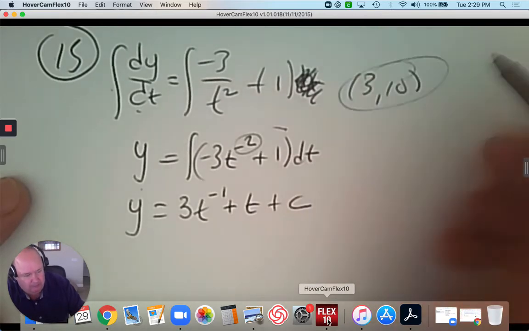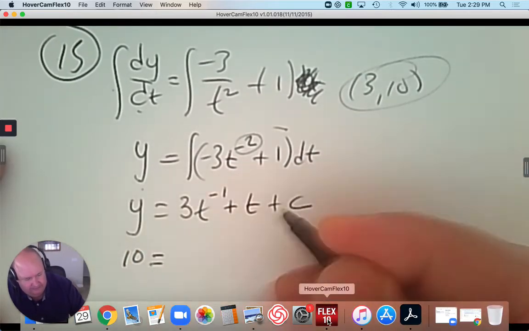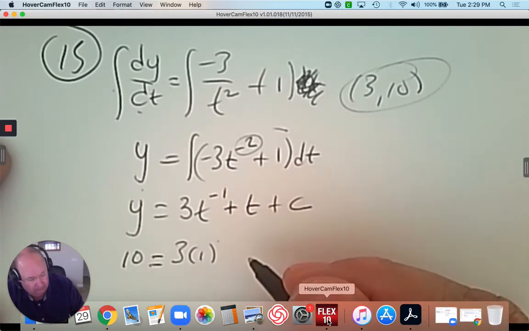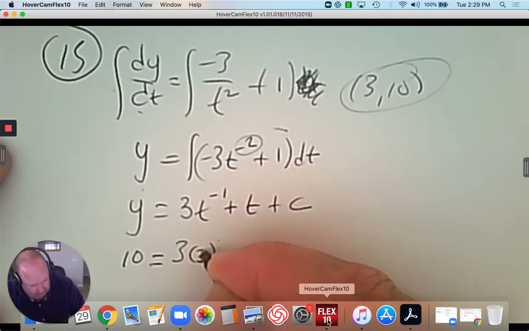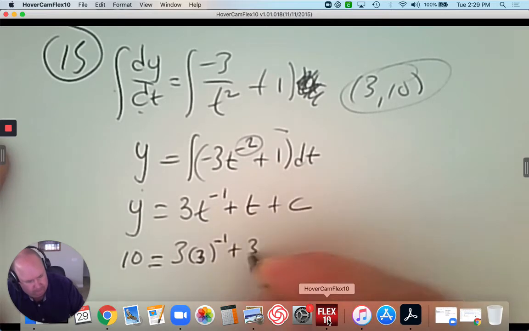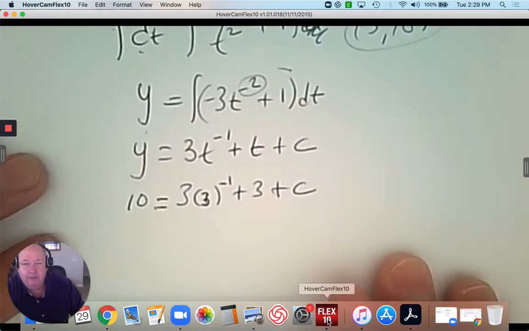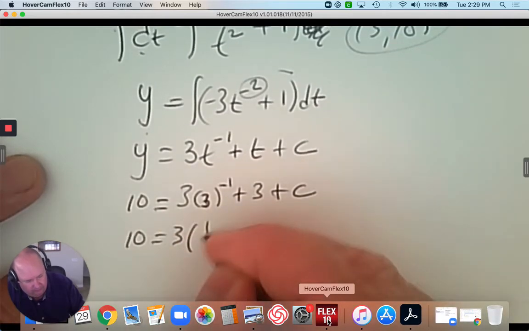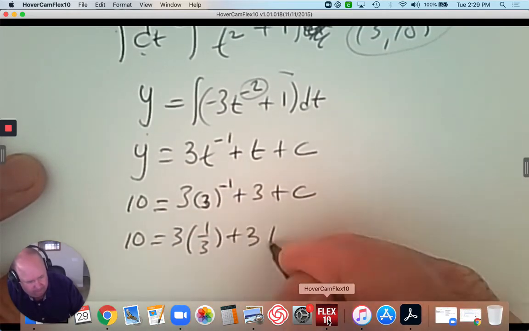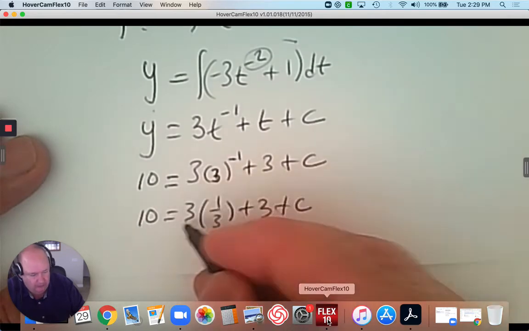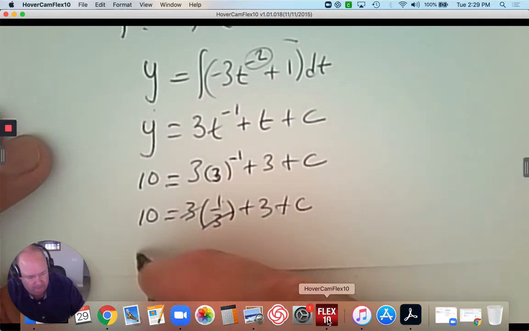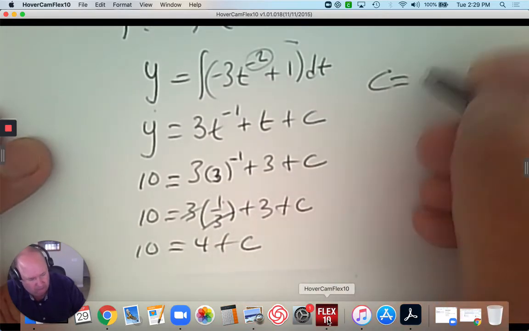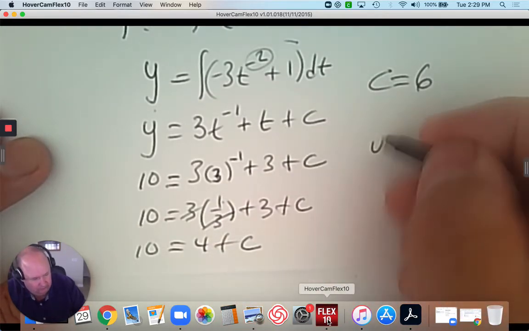We have a point to plug in, so the y coordinate is 10. The t coordinate is positive 3. And then do you have the ability to simplify that? 3 to the negative 1 is 1/3. So in other words, 3 and 1/3 just becomes 1. If I combine this together, I have 4 subtract 4, and you get c is equal to 6.